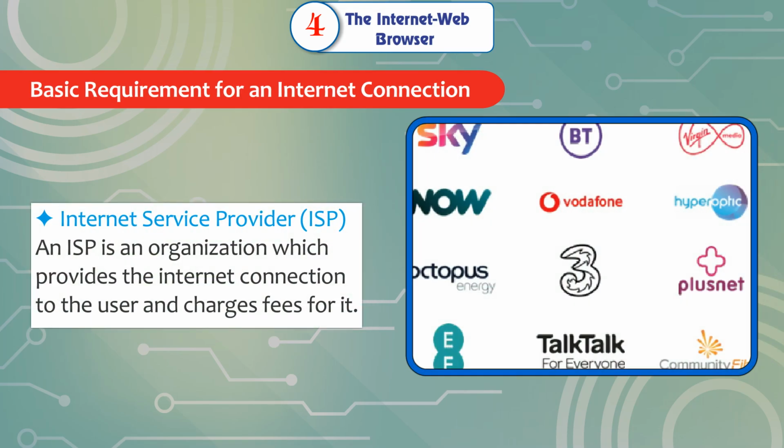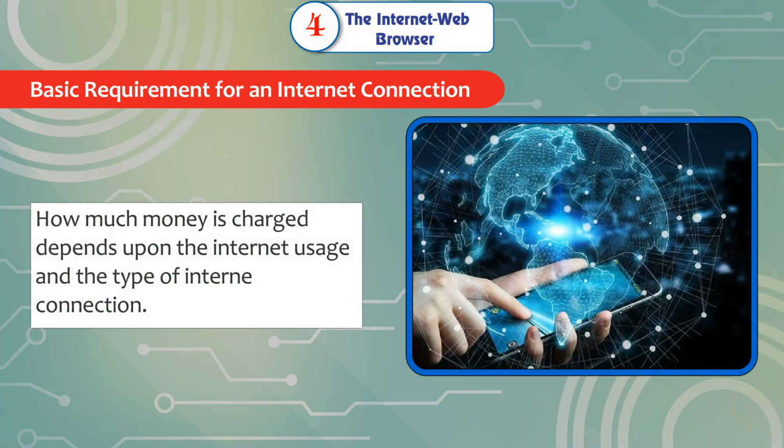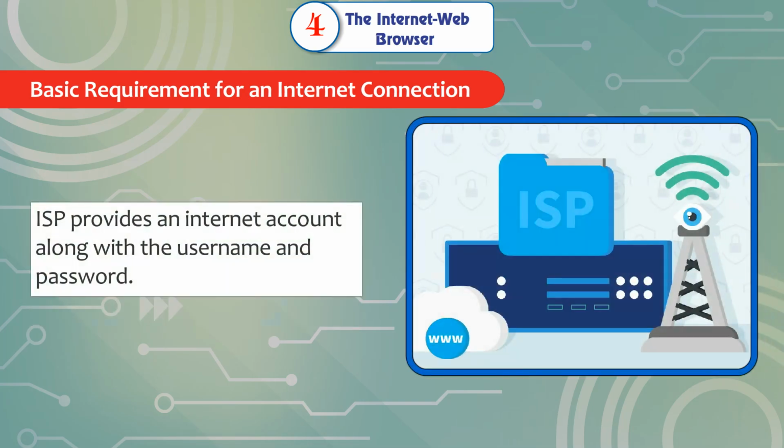Internet Service Provider (ISP). An ISP is an organization which provides the Internet connection to the user and charges fees for it. How much money is charged depends upon the Internet usage and the type of Internet connection.